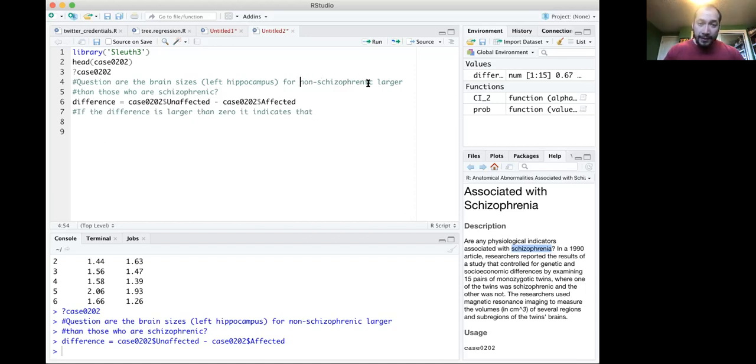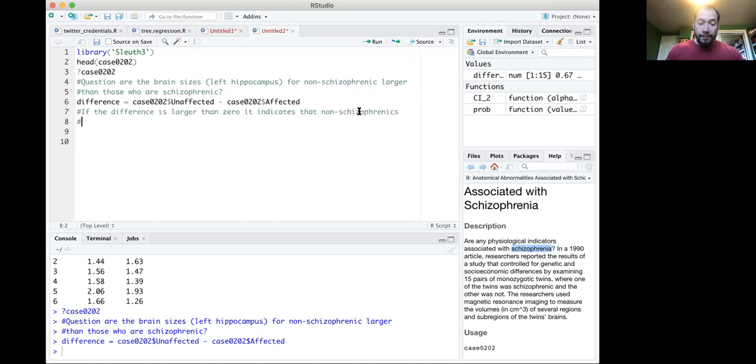It indicates non-schizophrenics have a larger brain size. This would be important if you're a doctor, because it would be a way to try and determine if an individual is schizophrenic or not by measuring their brain sizes.